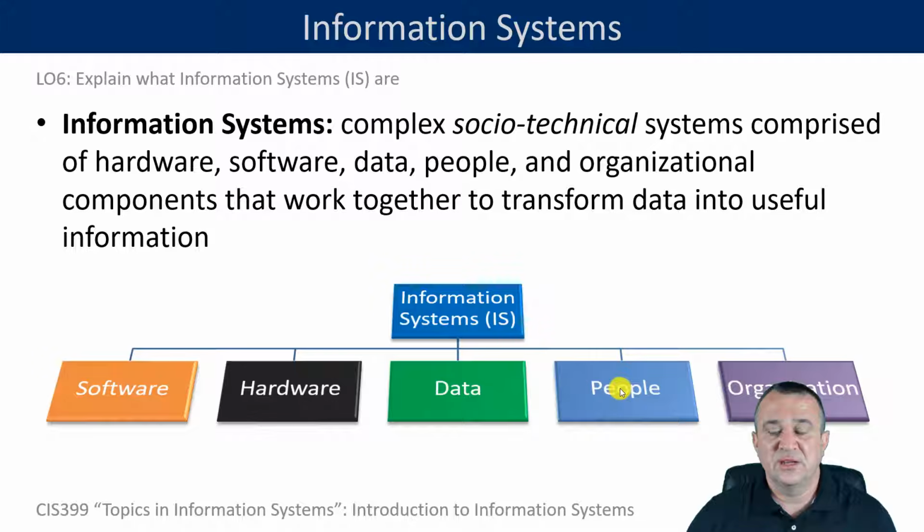And those non-technical components include things related to people and organizations within which those people function. So once again, information systems are complex socio-technical systems comprised of hardware, software, data, people, and organizational components that work together to transform data into useful information. So once again, it's information. It doesn't mean that you will become knowledgeable in something if you have access to an information system.